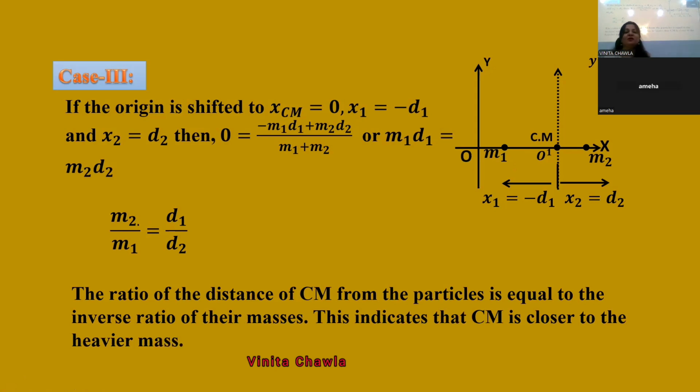This indicates that center of mass is closer to the heavier mass. अभी बताया था ना, अगर ये heavy कर देंगे तो थोड़ा सा इसको इधर मूव करना पड़ेगा बैलेंस करने के लिए. एक साइड अगर हैवी होती है, दूसरी साइड अगर लाइट होती है, तो बैलेंस करने के लिए आप हैवी वाली साइड से पकड़ोगे तभी वो बैलेंस होगा. राइट, किसको हम इक्वेट कर रहे हैं यहाँ पे? मूवमेंट ऑफ फोर्स. अगर सपोज यहां से बैलेंस कर रहे हैं तो ये मास डिस्टेंस इक्वल होना चाहिए. ठीक है, डन.